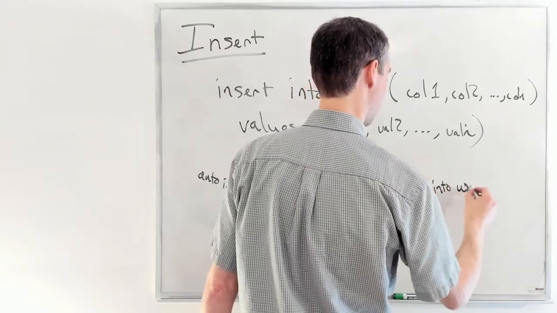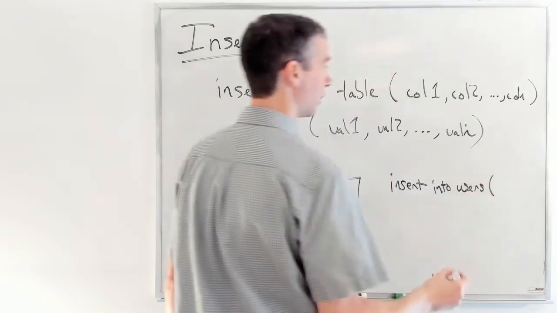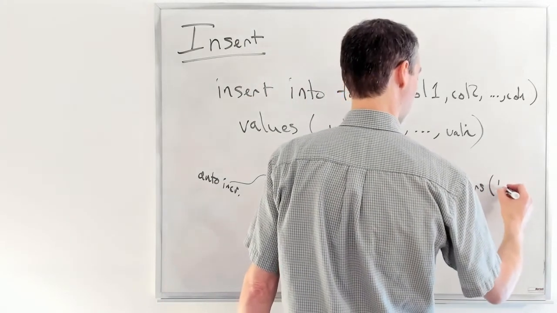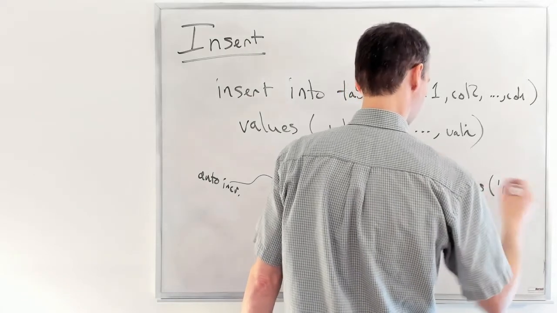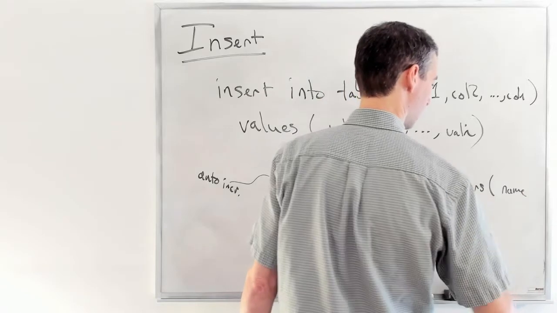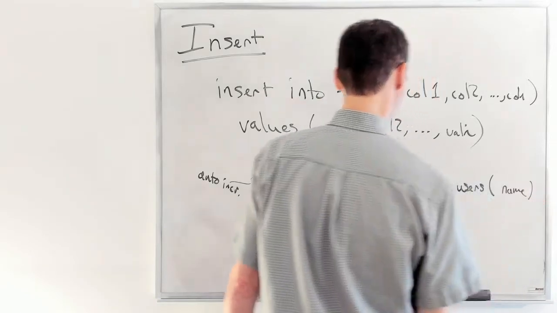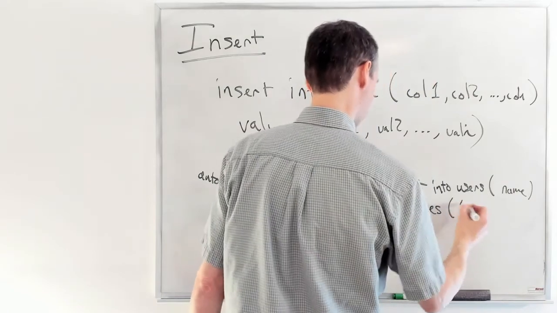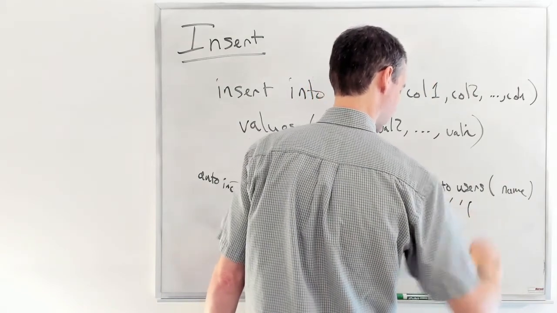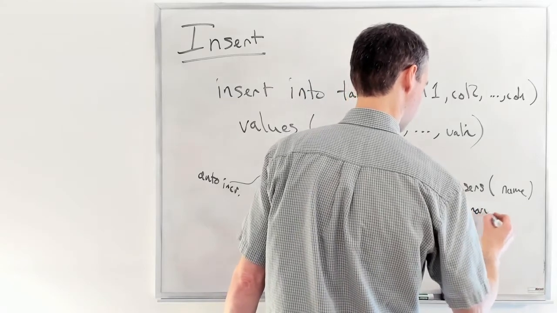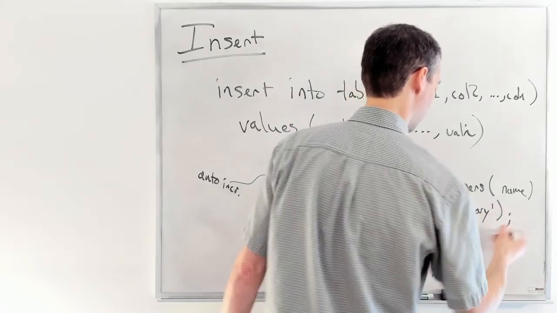insert into users, and I'm going to put in the name. I don't think I actually have to quote that because it's a column, but then it's values, and I'm going to put in Mary. All right.